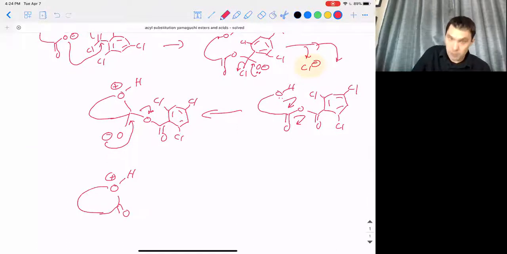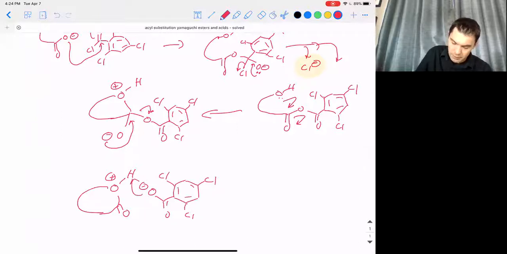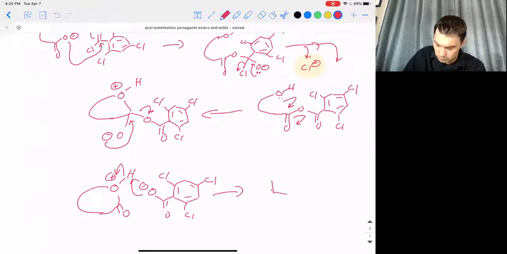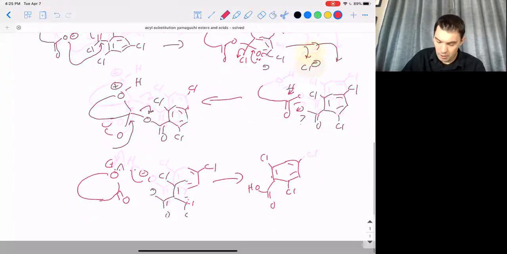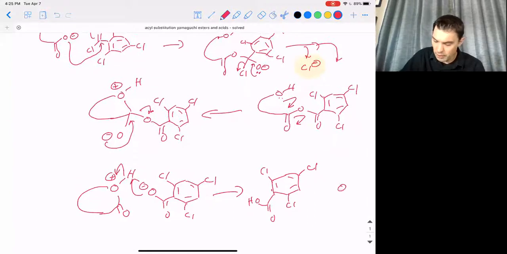So now we've made our lactone, and now we would have our carboxylate anion. And that's a great base then to pick up this H+ at the end of the mechanism. So that'll make one equivalent of trichlorobenzoic acid, but it'll also make our key lactone. And so that's what we want.